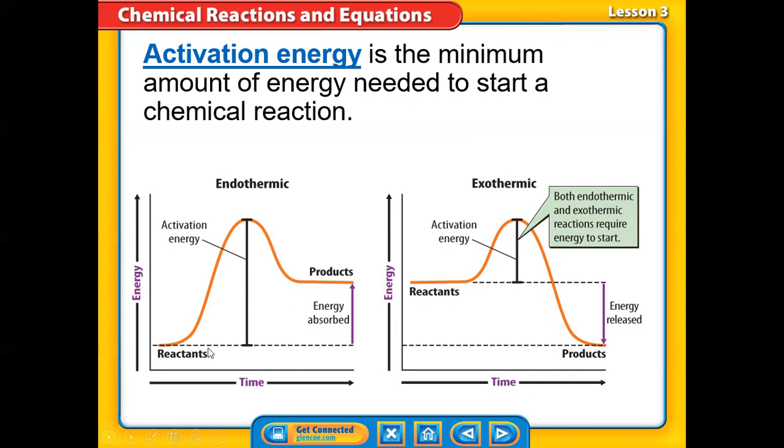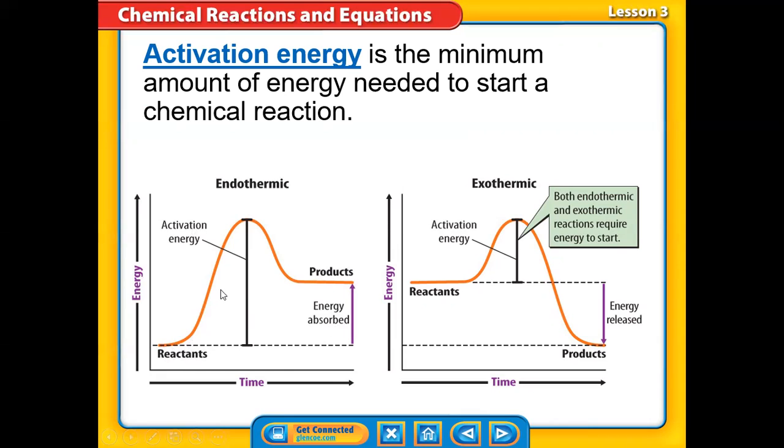So the difference between the amount of energy of the products and the reactants represents the energy absorbed. Let's take an example, to put it in numbers. If we imagine that the energy of the reactants is about 10 joules and the energy of the products is about 30 joules, then once the reactants collide and break their bonds, they have only about 10 joules. That will not be sufficient to form the new bonds, because the new bonds require 30 joules.